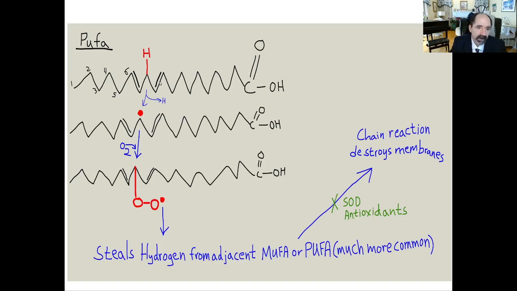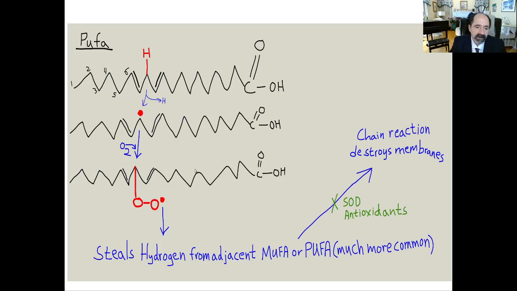But the point is these 2 double bonds are pulling on those electrons so that this carbon has only a weak grip on the hydrogen. This hydrogen pretty easily is plucked off, and then you end up with a free radical at this location, an unpaired electron. And that electron then can react with oxygen and form a peroxide. A peroxide is 2 oxygens adjacent to each other bound to the carbon.